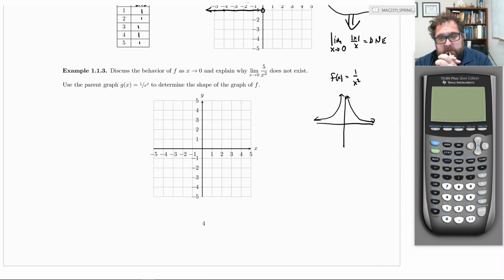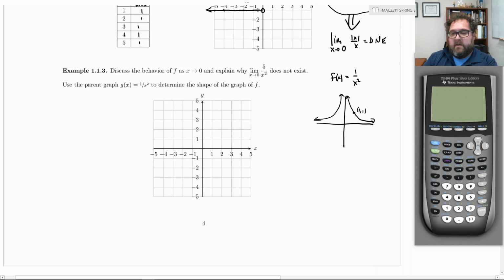What does that do graphically? Graphically, that stretches the graph by a factor of 5. It doesn't really affect the shape of this particular graph too much because it was already approaching infinity as we get really close to 0, and it's still going to approach infinity as we get really close to 0. But for instance, on this graph, if you plug in 1, you get the point 1 comma 1.